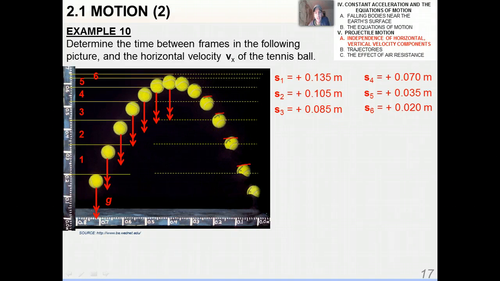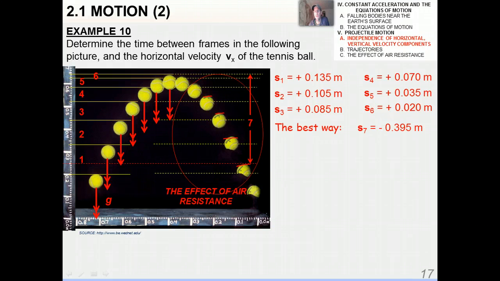That's because in reality we can't really neglect air resistance. Because there's a drag force pushing up on that ball, it's causing it to not fall quite as far as it would theoretically. So that's the effect of air resistance, everything on this right-hand side. Now I'm going to consider interval number 7, which is between the very top and this ball right here.